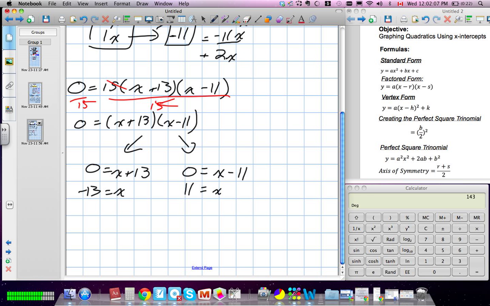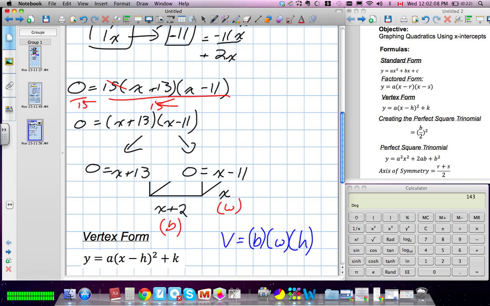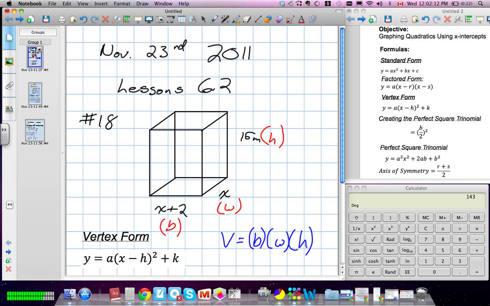Let's go back to our original page. For dimensions, our two options are negative 11 and 13. In terms of meters, could I have a measurement that is negative 11 meters? That one doesn't make sense. So we know that the width is going to be 13.